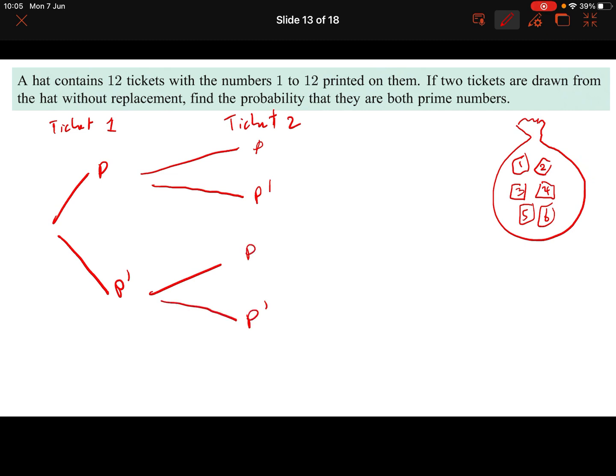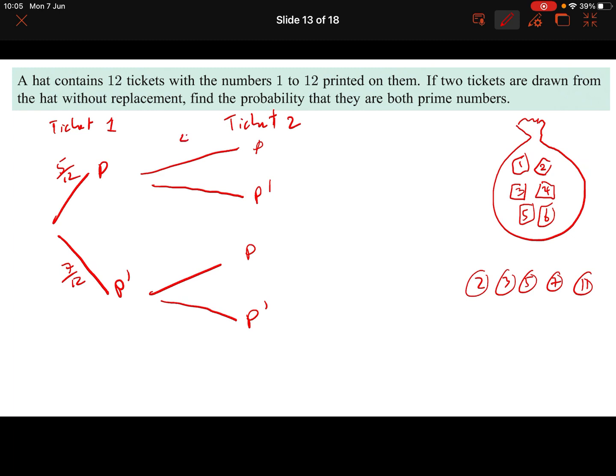Okay, so what are the prime numbers? It's 2, 3, 5, 7 and 11 below 12. So that's 1, 2, 3, 4, 5 out of 12 and 7 out of 12 are not prime numbers. Now, what you've got to do is realise, though, that these are conditional, because if I took a prime number out, there's going to be one less prime number to pick from.